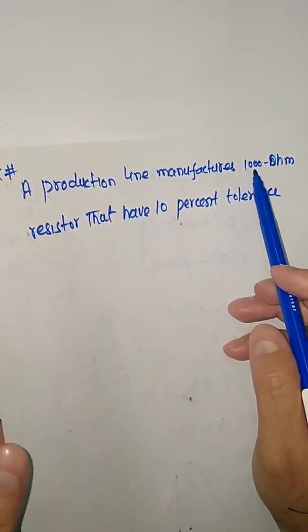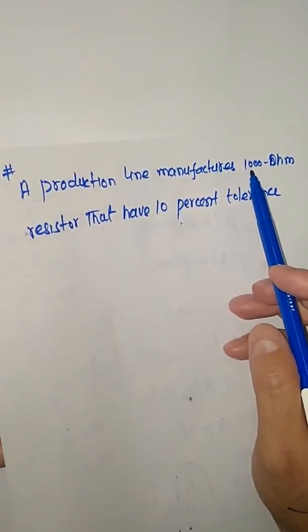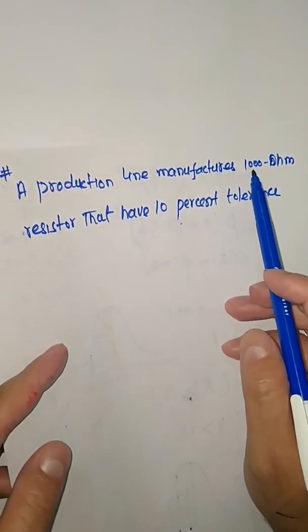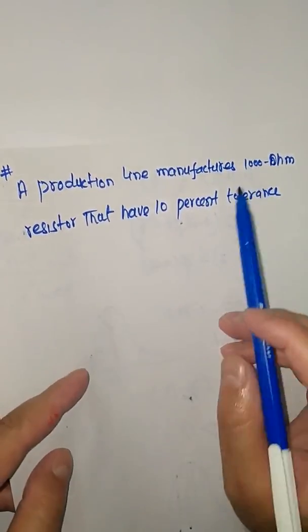So if the resistance is between 900 and 1100, this resistor would be acceptable, otherwise it will be rejected.